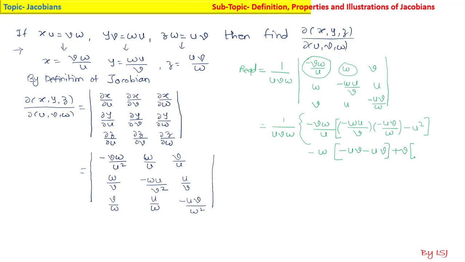Plus v into the minor of v: uw, minus, it is plus the product of these two, v and v cancel, so it is uw just.